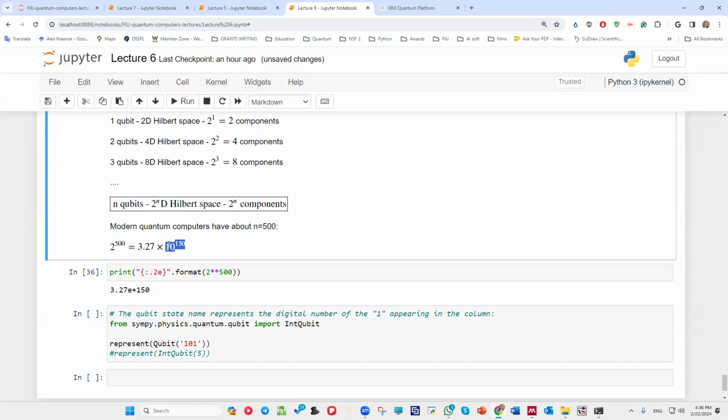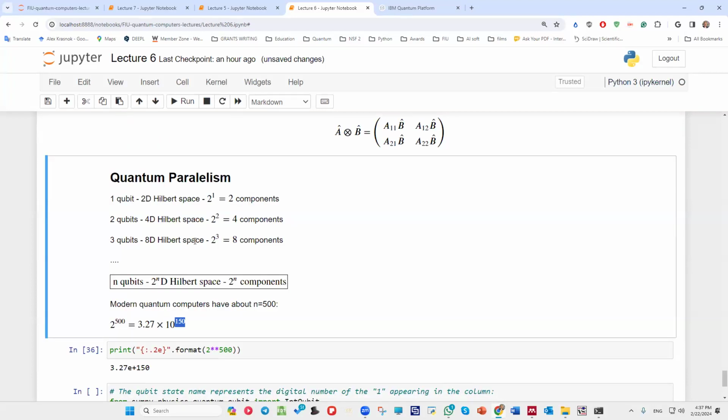This number is much, much larger than the number of particles in the universe. Still, today we can combine 500 qubits in a computer and encode such a large number of components of vectors that represent a particular state of a quantum system. This is known as quantum parallelism.